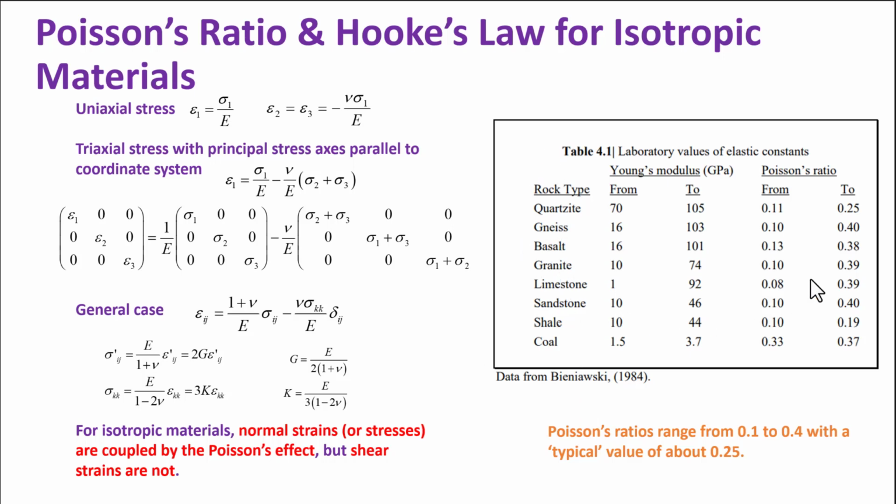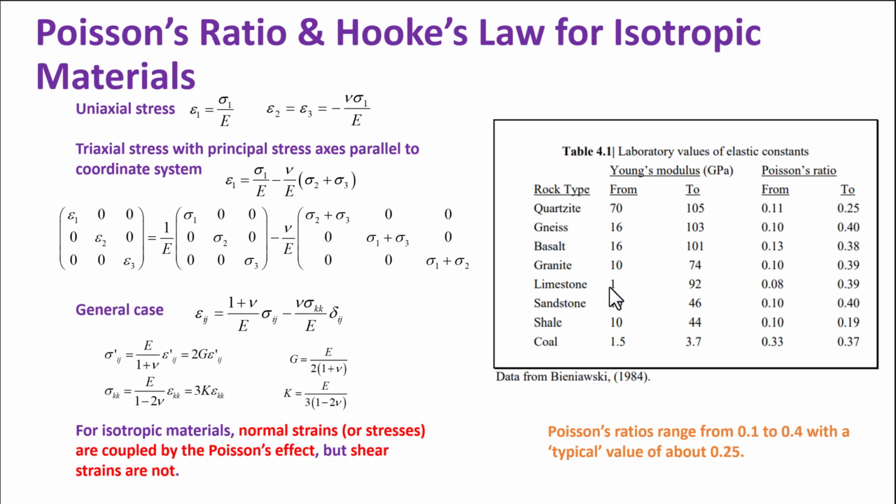Some numbers of Young's modulus and Poisson's ratio for rocks. So rocks, silicates are strong, quartzite particularly strong. The Young's modulus can be as high as 70 gigapascal. 1 gigapascal is a billion pascal. Granite can change greatly depending on its internal texture and structure, so it changes from 10 gigapascal to 70 gigapascal.